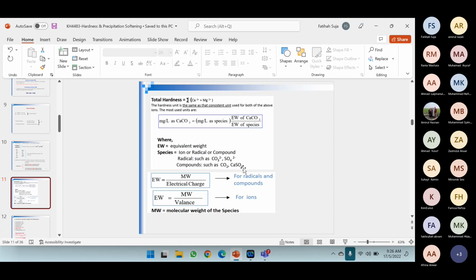What is the charge of SO4? Anybody knows? To make that compound neutral, what is the charge? Any students remember what is the charge of SO4? Anion, what is the charge?